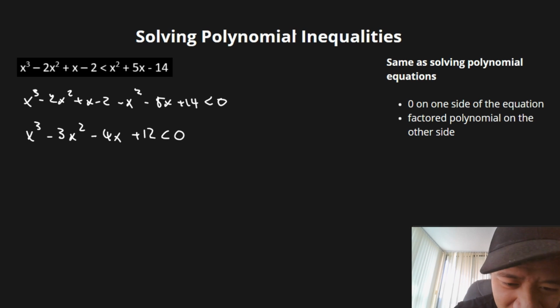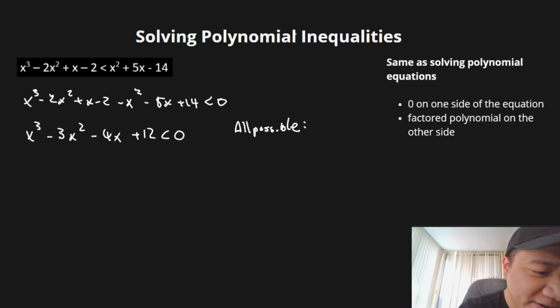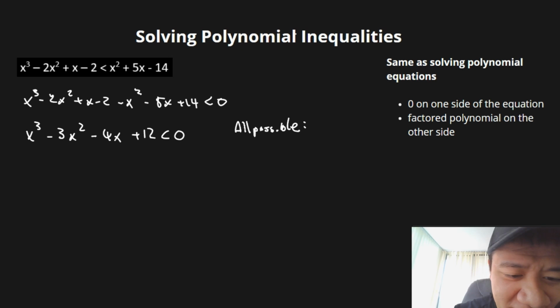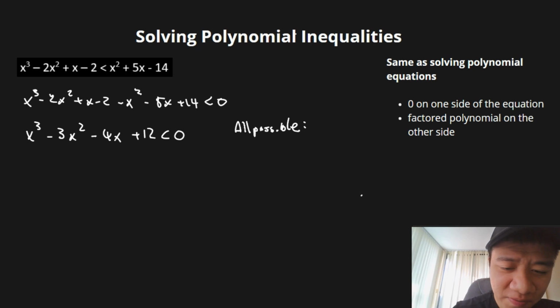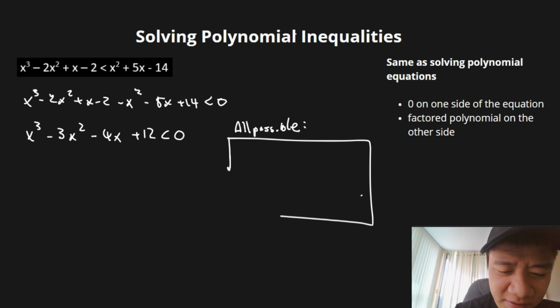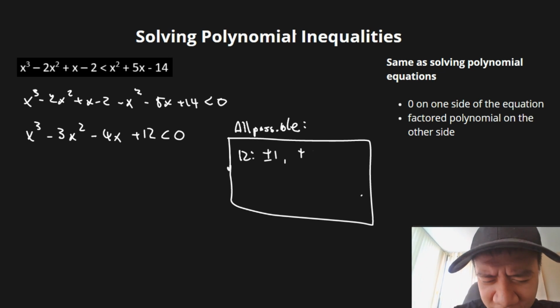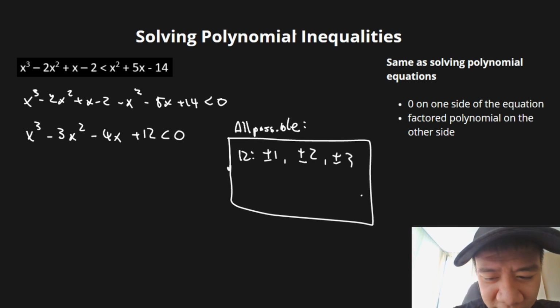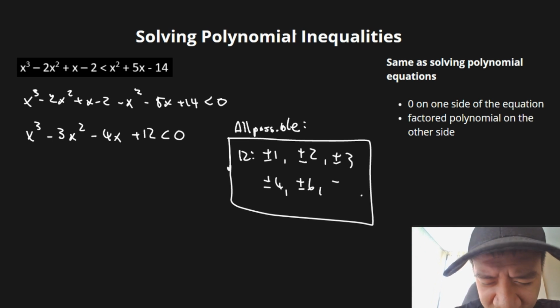Okay, so all possible factors. Since there's a 1 in the very front, all our possible factors are going to come from this number, 12 over here: 1, 2, 3, 4, 6, and 12.